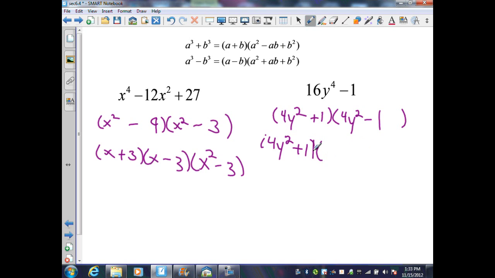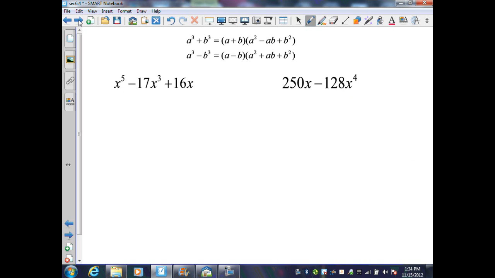And I realize that my second binomial, again, is a difference of squares. So I'm going to set that into two sets of parentheses. Take the square root of that first term, which is going to be 2y and 2y. My second term breaks up into 1 and 1, and again, plus and minus. Now this is factored completely.